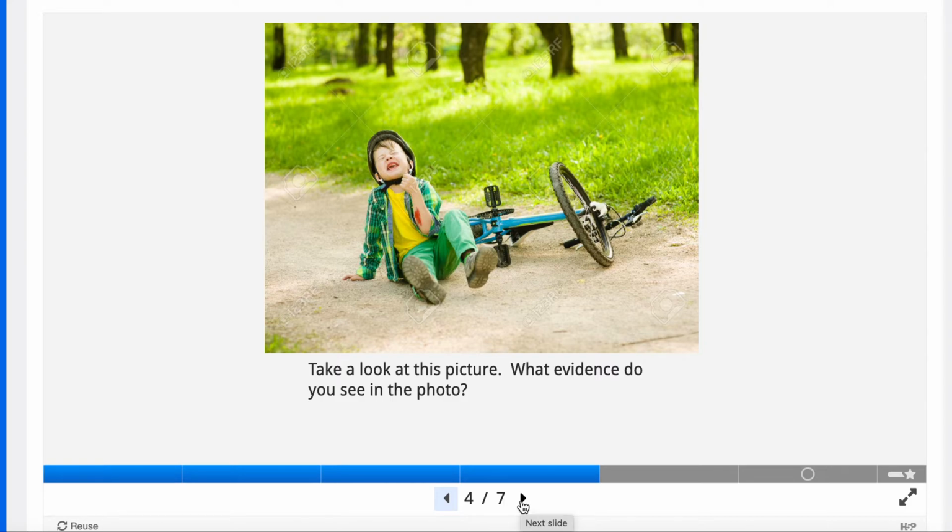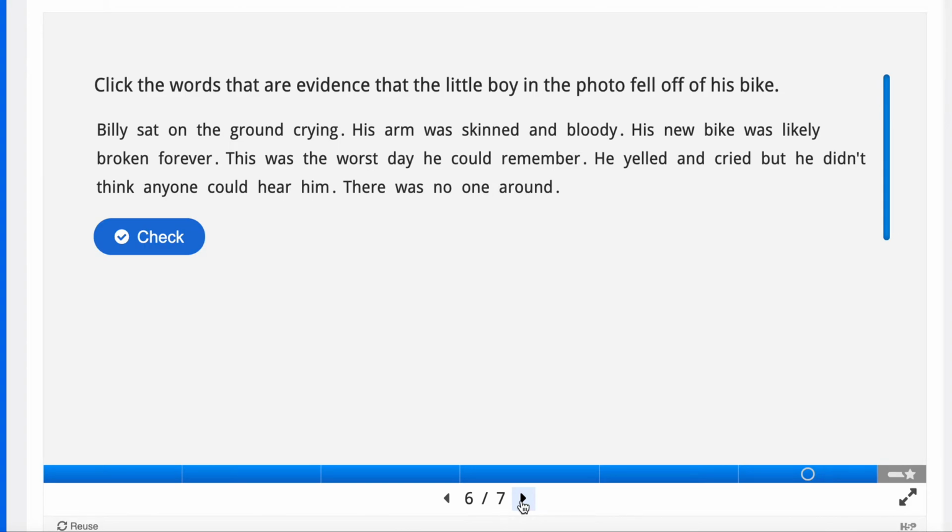Okay, so what does it matter? It seems kind of obvious to us, right? Let's click all the words that are evidence that the little boy fell off of his bike. So here's a paragraph. It says: Billy sat on the ground crying. His arm was skinned and bloody. His new bike was likely broken forever.